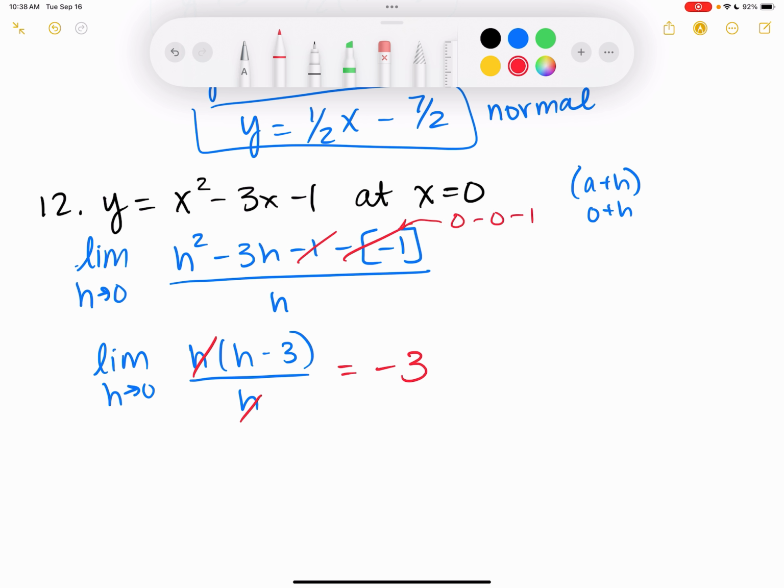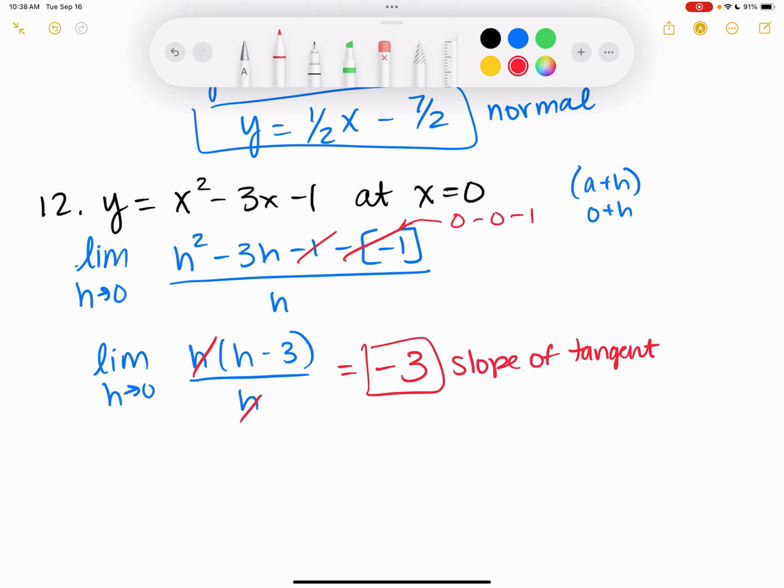Which is fine. If you want to write it out, obviously you're welcome to, but most people like to just skip the 0 part. So -3 is my slope of my tangent. And obviously you don't have to write slope of the tangent every single time, but while you're getting used to it, it's nice to make sure you know what you're talking about. But so that's part A.